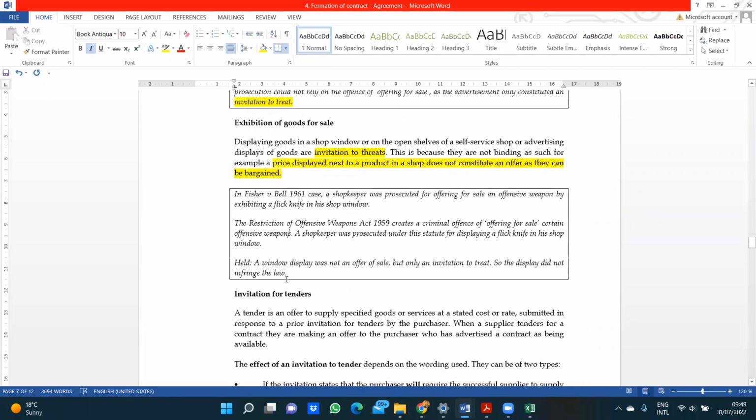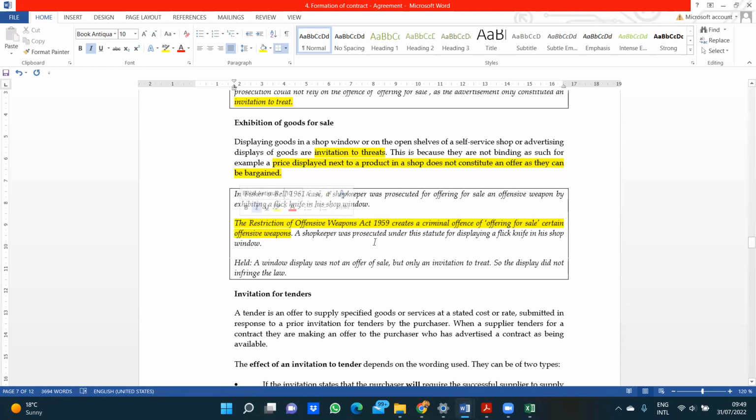In Fisher v Bell 1961, a shopkeeper was prosecuted for offering for sale an offensive weapon by exhibiting a flick knife in a shop window. The Restriction of Offensive Weapons Act 1959 creates a criminal offence for offering for sale certain offensive weapons.